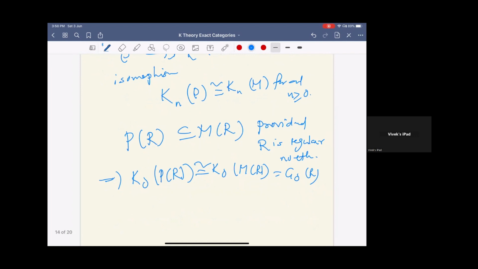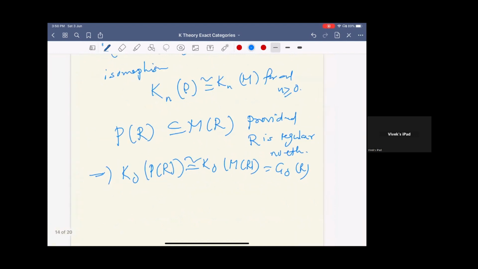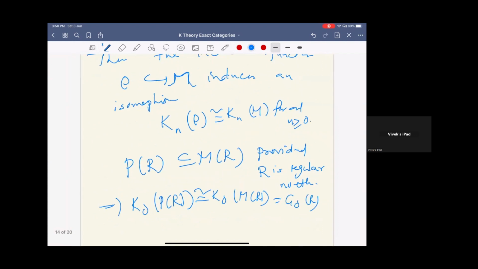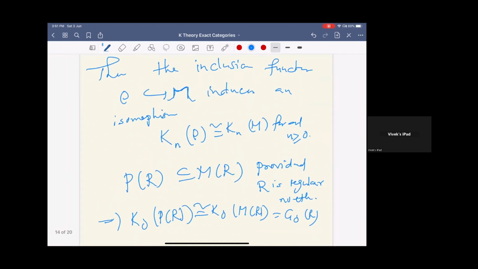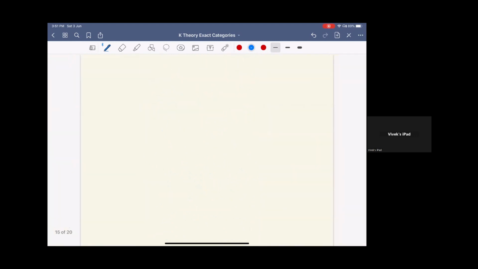Okay, so we'll discuss a sketch of this proof and then I'll stop. This is the theorem, I think, due to Quillen, but Quillen proves a more general theorem. And as a consequence of this general theorem, you get the resolution theorem. This theorem, due to Quillen: let rho be sitting inside M, where M is exact, and rho is closed under extension.